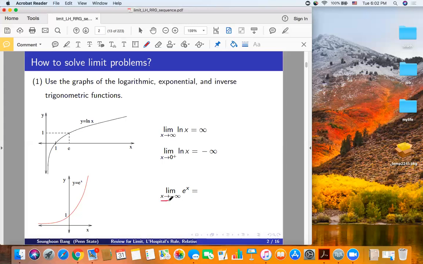Here, x value approaches minus infinity, and the exponential function approaches the x-axis, like 0. The limit of e to the x as x value approaches positive infinity: e to the x is going up, going to positive infinity. Answer is infinity.